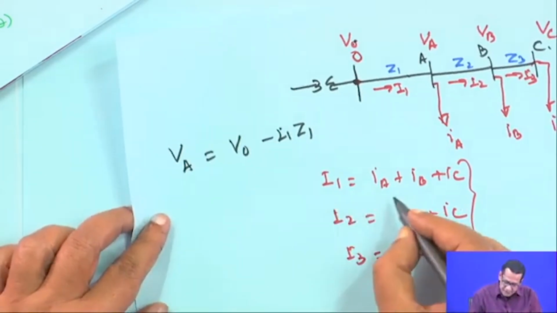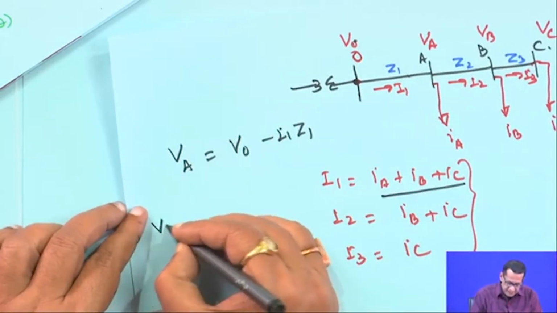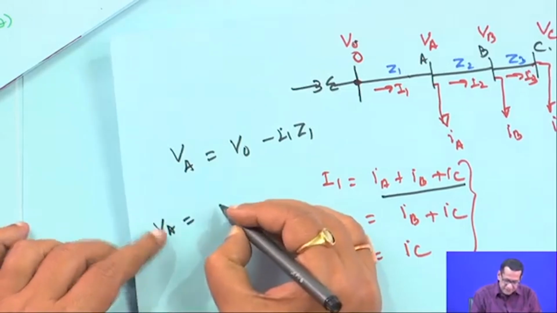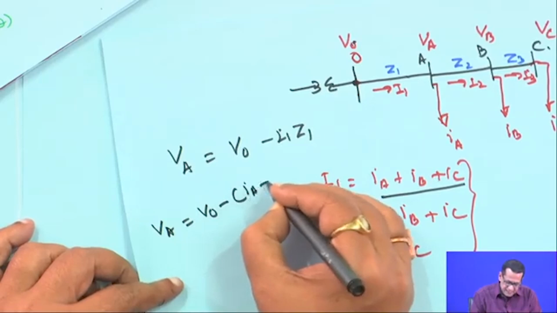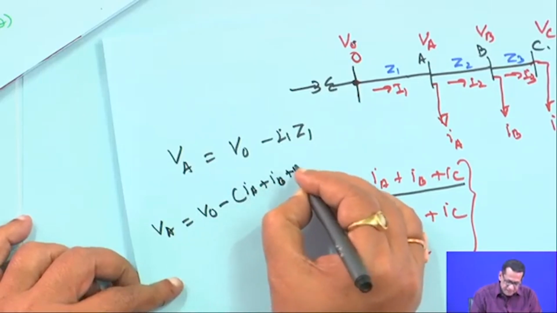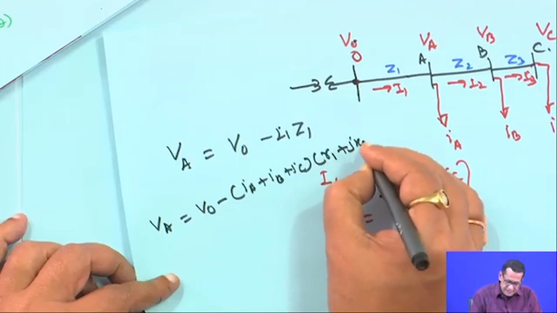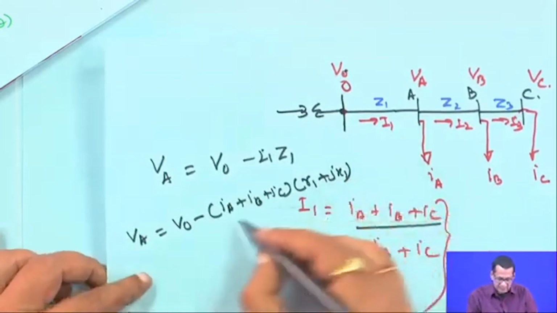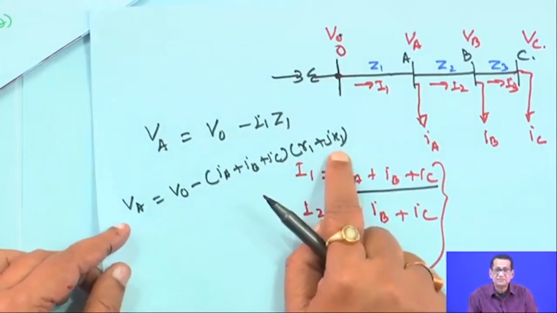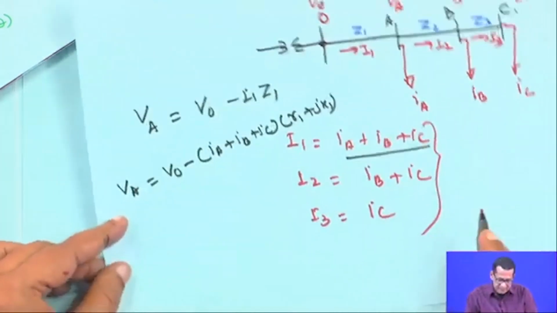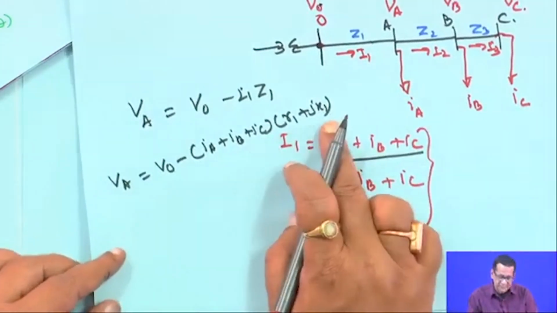I 1 is equal to I A plus I B plus I C, so V A is equal to V O minus (I A plus I B plus I C) into Z 1, where Z 1 means R 1 plus j X 1, for branch 1. This is your first voltage drop.